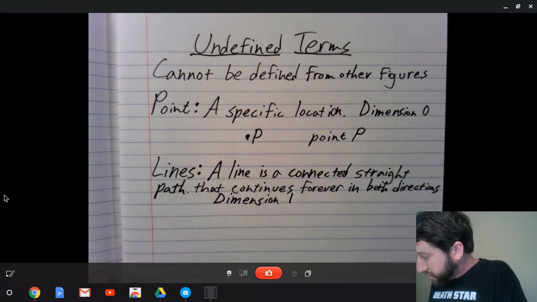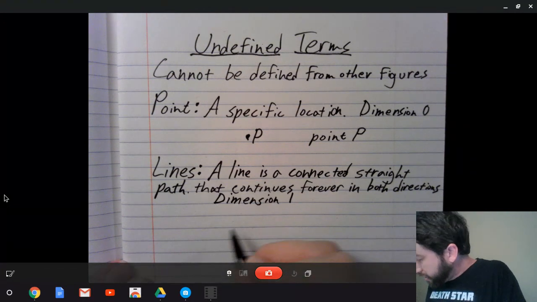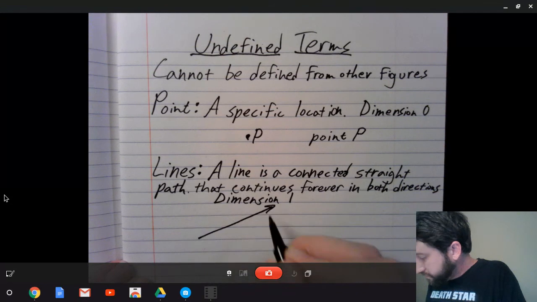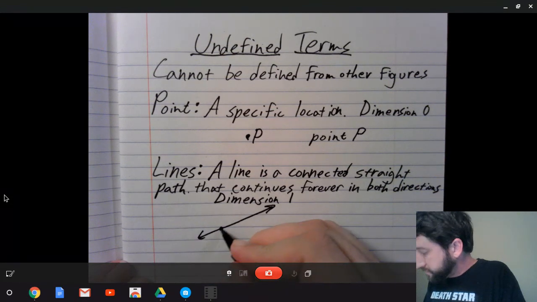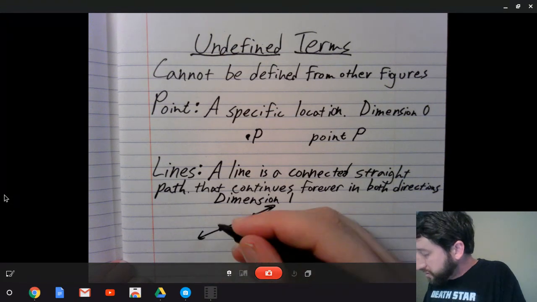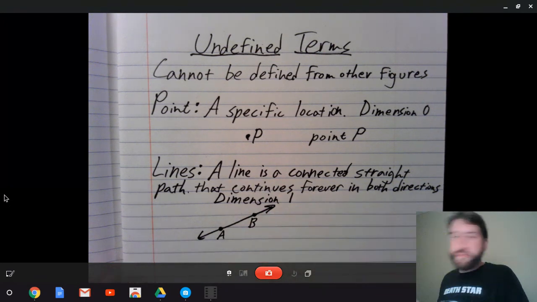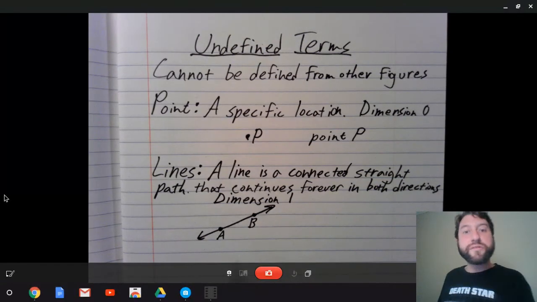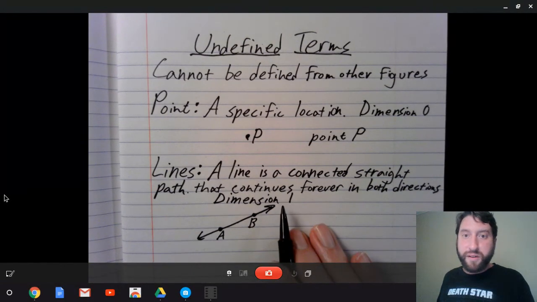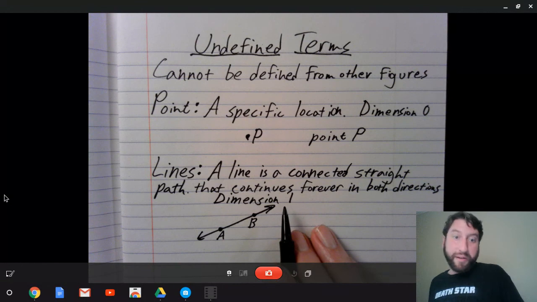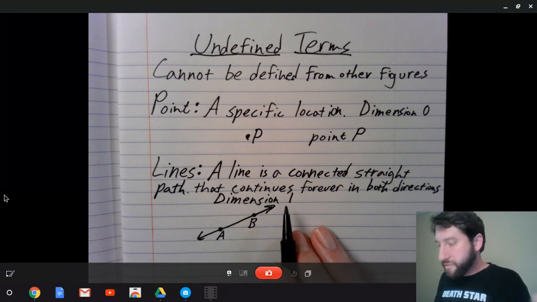So there's a couple ways I can write this. Again, I could do a picture, and usually they'll have something like this. We'll call these points A and B. So they could draw a picture like that for you. They could talk about it in a paragraph or in a question.